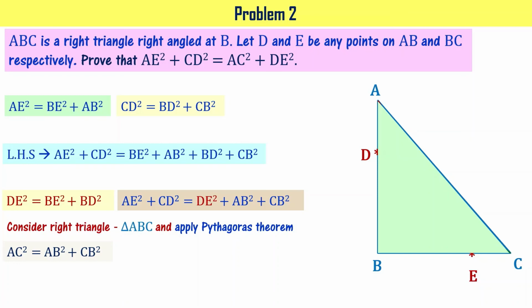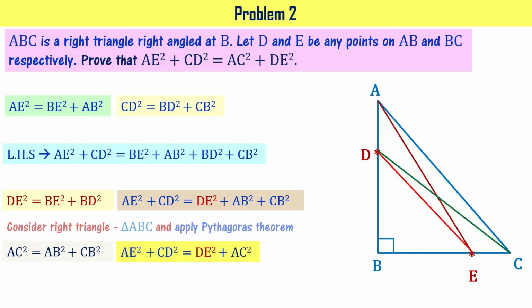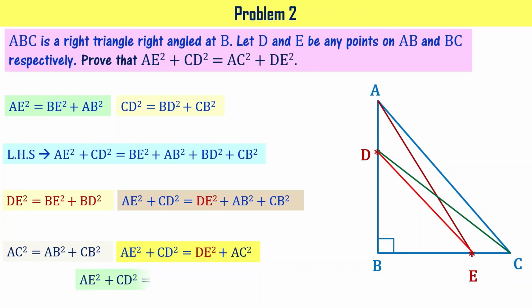Now let's replace those two with AC square, such that I can write AE square plus CD square equal to DE square plus AC square, right? Let me write now this as AE square plus CD square equal to AC square plus DE square. This is what we are asked to prove, right?